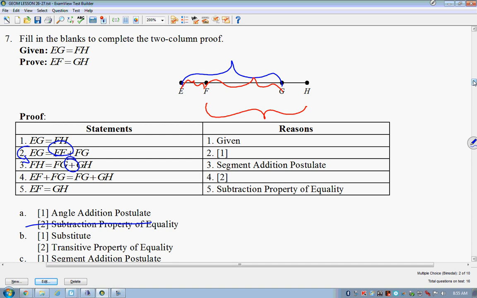The segment addition postulate probably works better than just substitution. So, segment addition, because that's what I'm actually doing. These are segments, I'm adding them up.